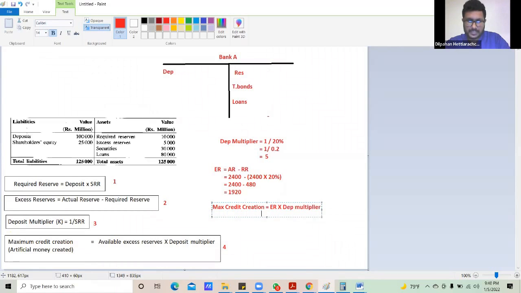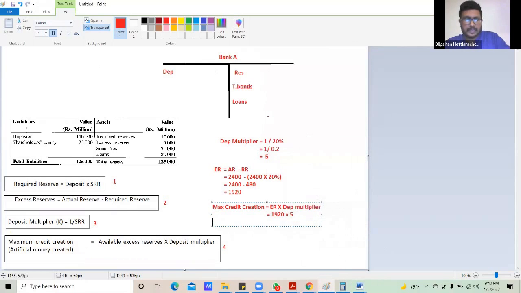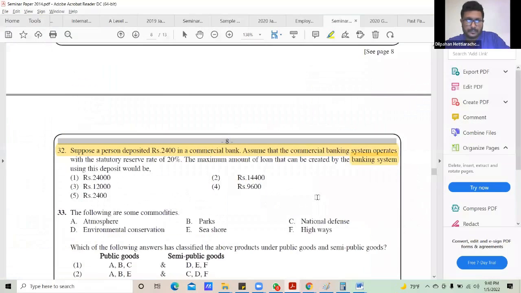Excess reserve we calculated, 1,920, into deposit multiplier 5. 1,920 into 5, the answer is 9,600. Do we have an answer like that? Yes. Answer number 4 is the correct answer.